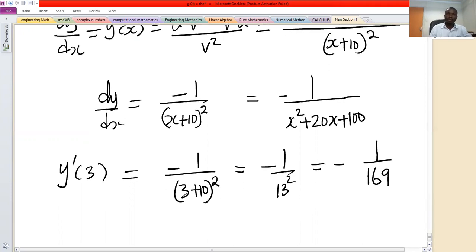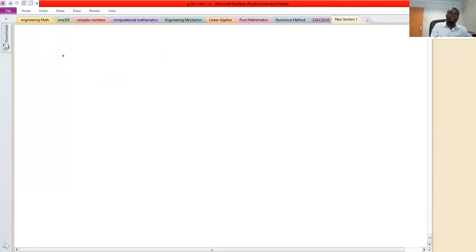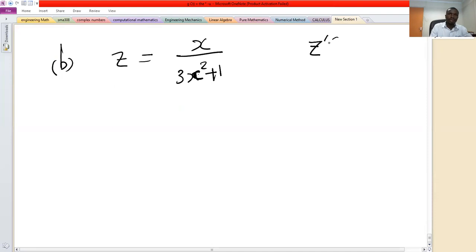And then part B of the problem. We have z given as x over (3x squared plus 1), and we have to evaluate the value of the derivative at x equals minus 2.